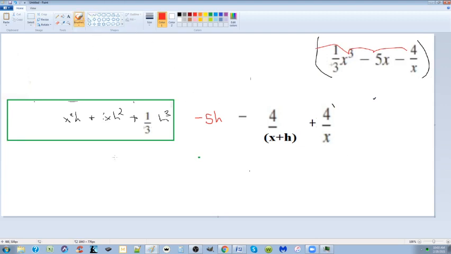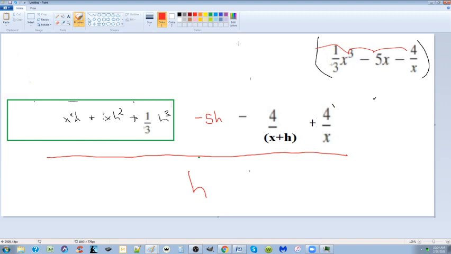Now, before I resolve it, or try to resolve this part, because that's the tricky part, isn't it? I'm just going to leave it, and remember it's being divided by h. I don't know if that'll work at this stage.